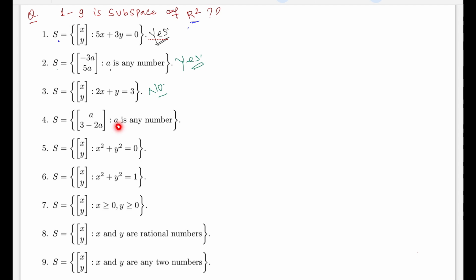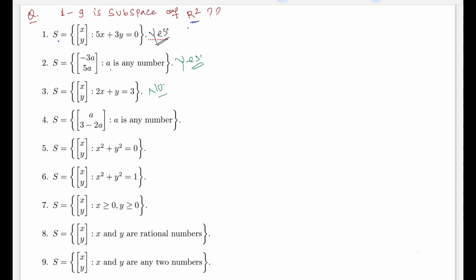Because if I take any number, let's say I am taking A 0, so this first component will be 0 and this second component will not be 0, right? You will have 0 3. So for any value of A, you cannot have these two components 0.